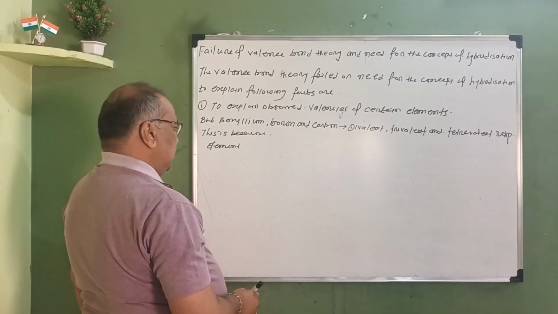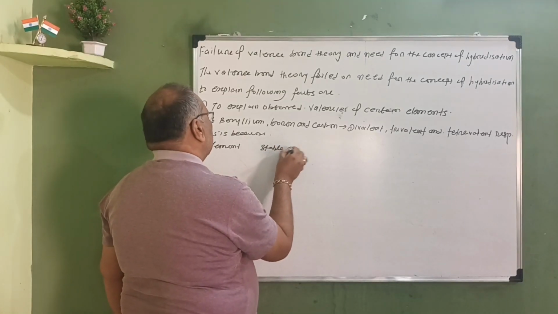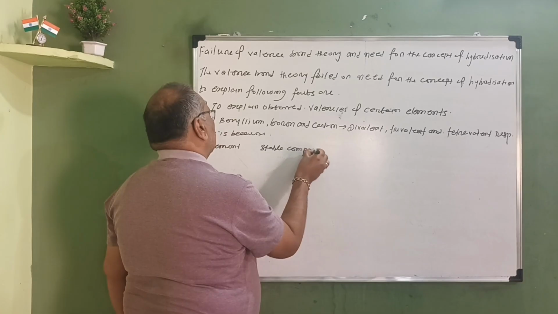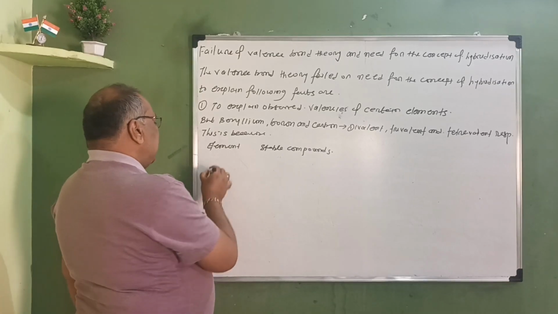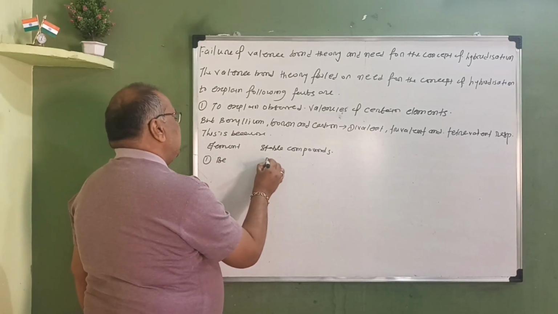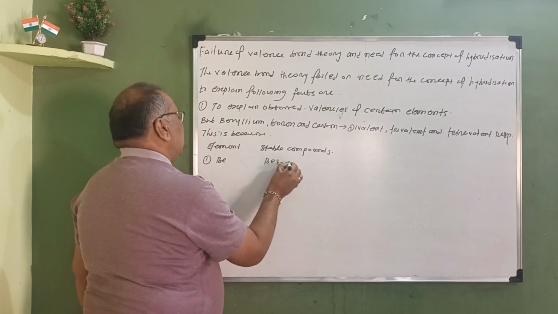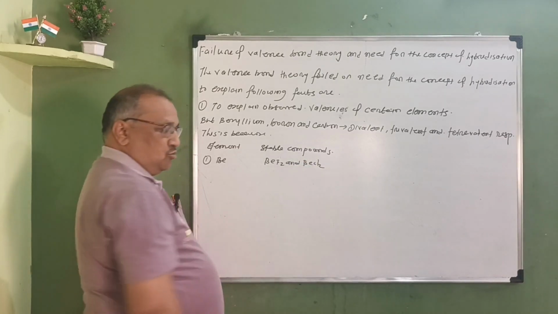Now we write down the elements and their stable compounds. Beryllium forms stable compounds like BeF2 and BeCl2.